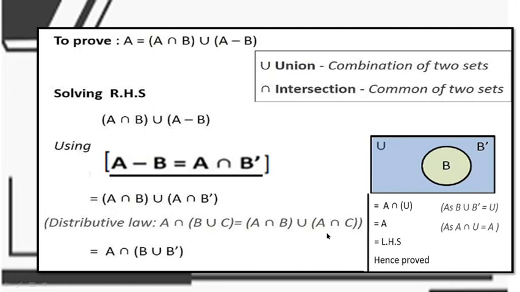Now there is one distributive law which says that A intersection (B union C) is equal to this, and if we compare here, B is B and B complement is C. So now let's apply this distributive law and we can write A intersection (B union B complement). B and B complement, what will be their union? Definitely the universal set. And what is common in the universal set and set A? It is A only, which is equal to the left hand side, and it is proved.